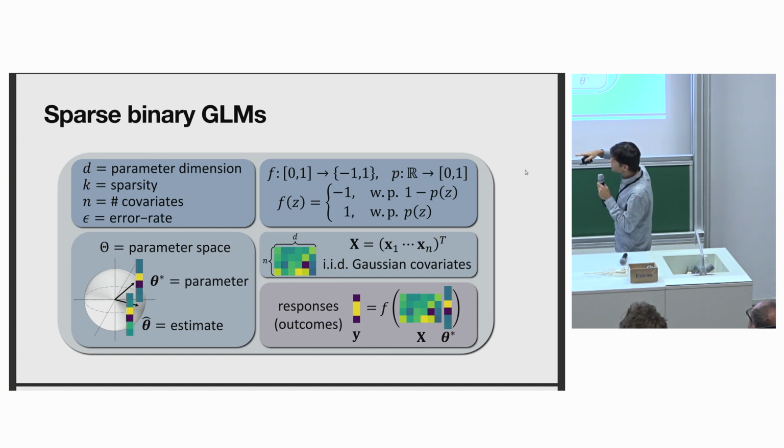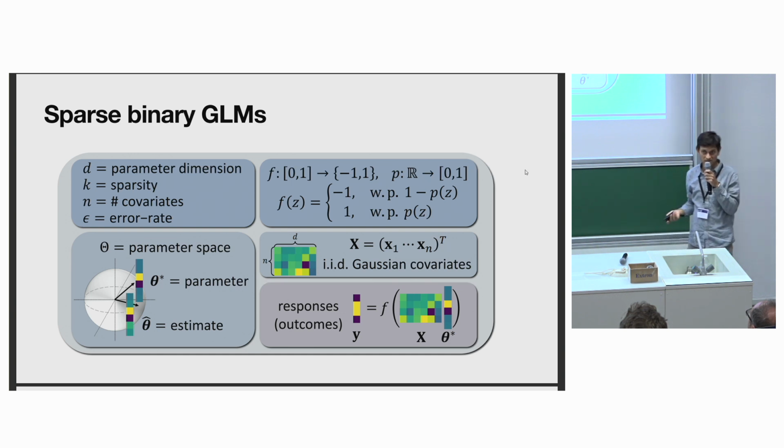Since this is a binary outcome, without loss of generality, we can write the output of the GLM, the y, as a function f, which is a random function. It is +1 with probability p of z, where p of z is the proxy for the link function in this binary case, and with probability 1 minus p of z, it is -1.